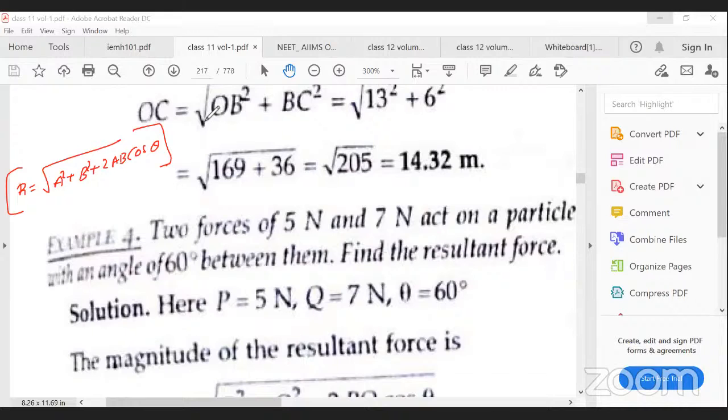You need to find your resultant value and you also need to find your angle theta, that is your direction. You need to find tan theta. Make it fast.